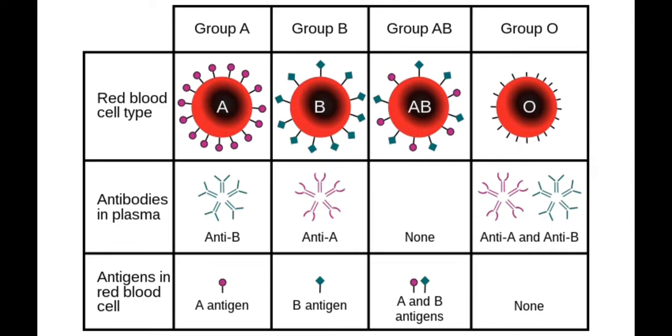And group AB is just a combination of both genes, and then two proteins are produced, and two proteins are marking the surface of the red blood cells. And group O means clean blood, and there is no marking protein. The surface of the erythrocytes has no markers.